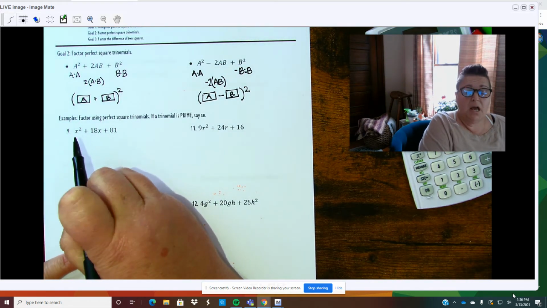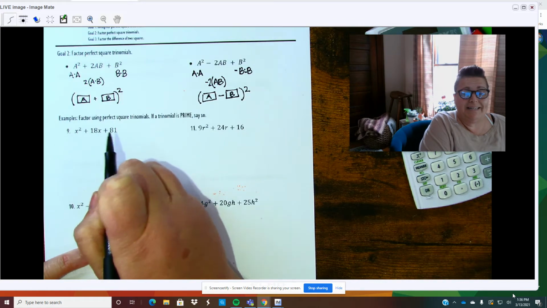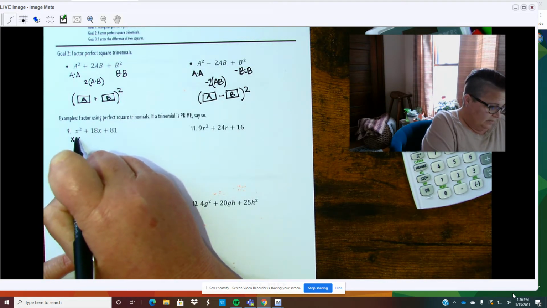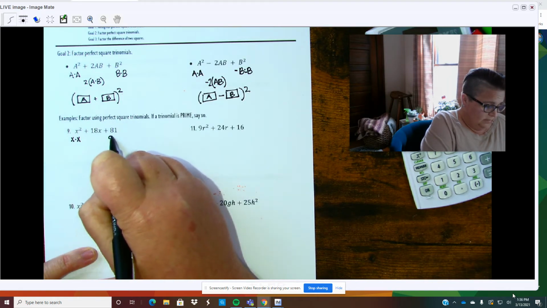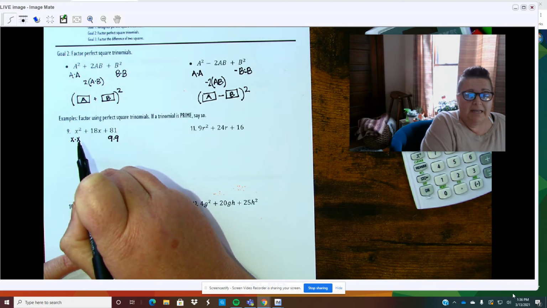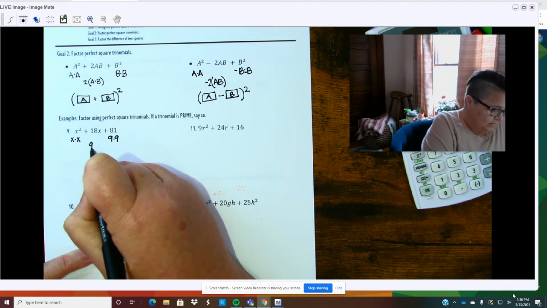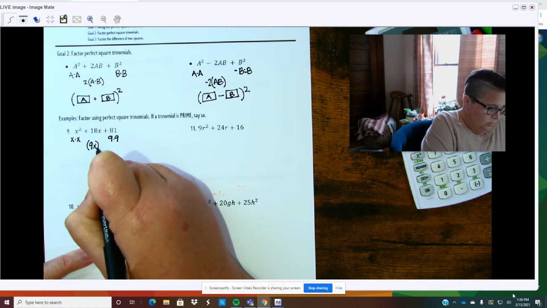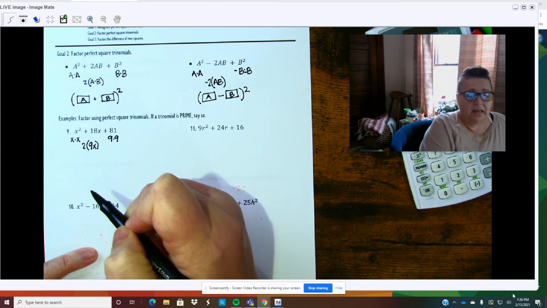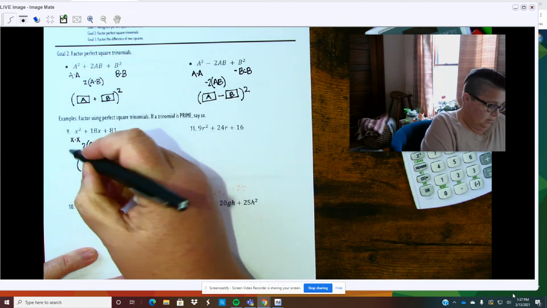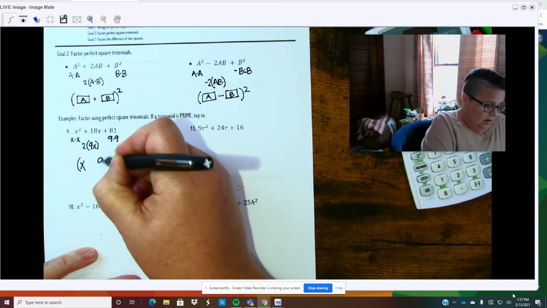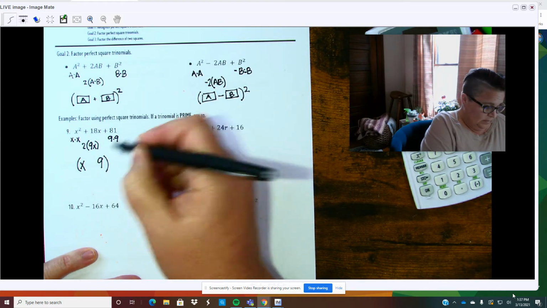So for number 9, I have x squared plus 18x plus 81. So x squared is indeed x times x. 81 is indeed 9 times 9. Now I will check, and I will take an x and a 9 and multiply it together. And then I will double that, or 2 times 9x, which is indeed 18x. This tells me that the x and the 9 are what go in my binomial.